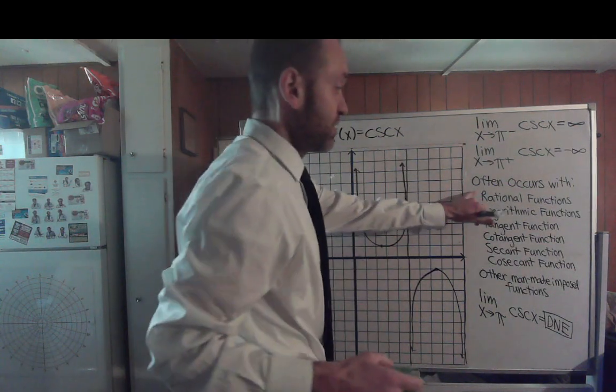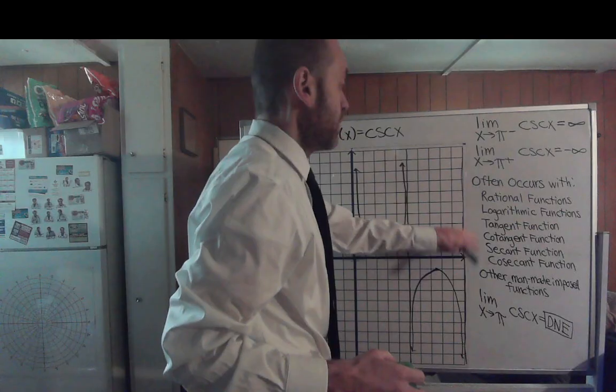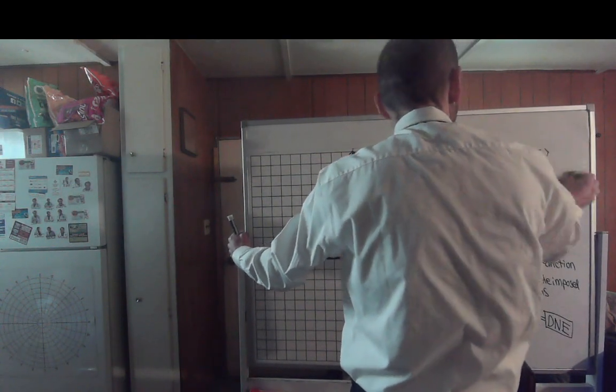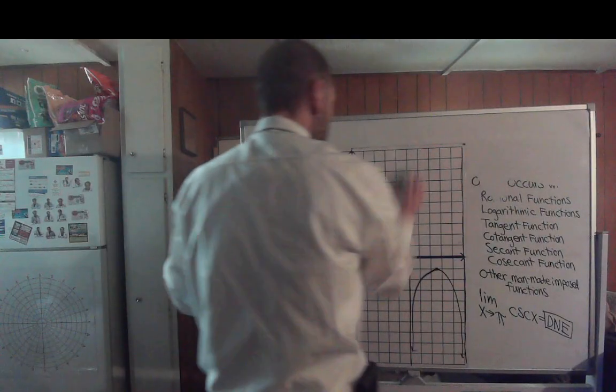So we've shown you examples here of when you're often going to see these infinite limits. Now let's dive into some problems here. We could even do that without graphing.